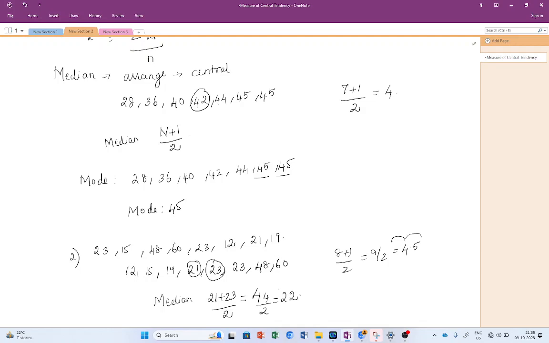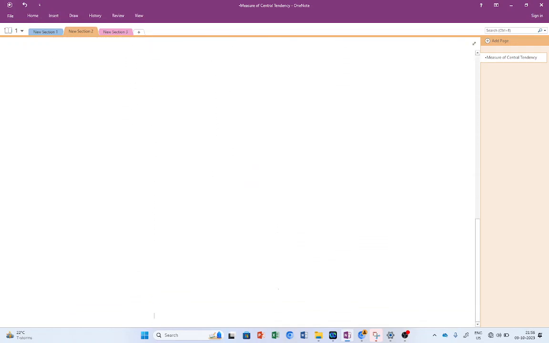Now the next one is for discrete type. So again here you will be having 3 types of things to find your central tendency, that is your mean, median and mode. As you know, in this set of data, you will be having an extra column.